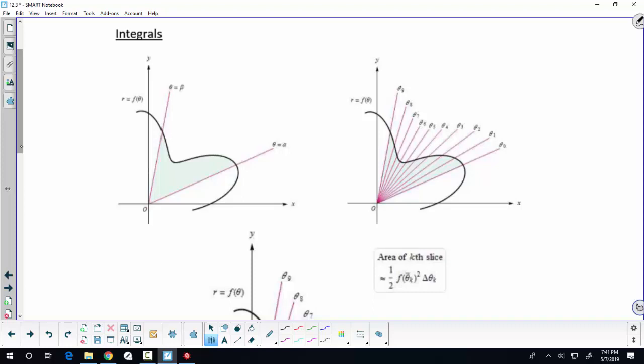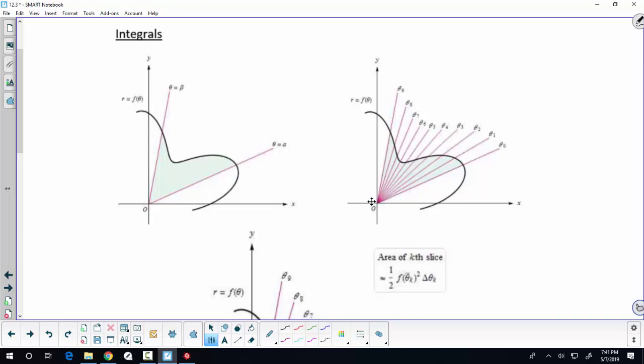So we have some funky region, but this time, things are in terms of r and theta. We're going to slice through it in a particular fashion, which generates something to this effect. And the slices generate what? Yeah, they're definitely not rectangles.